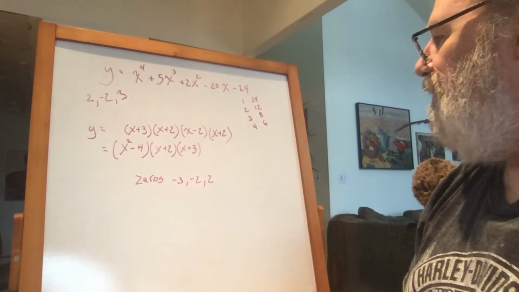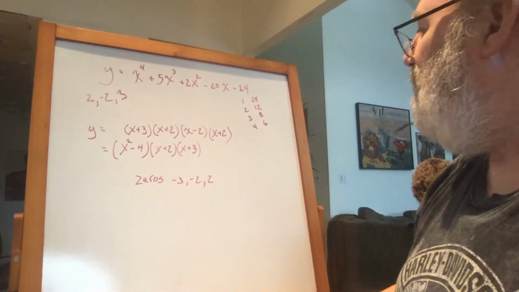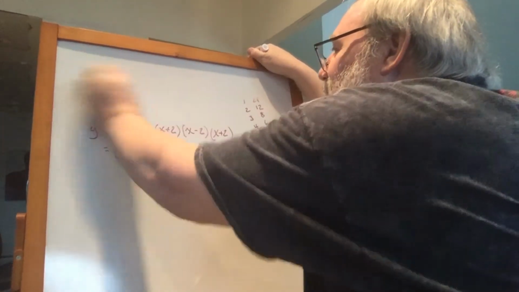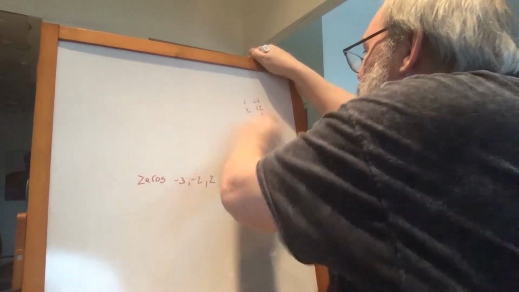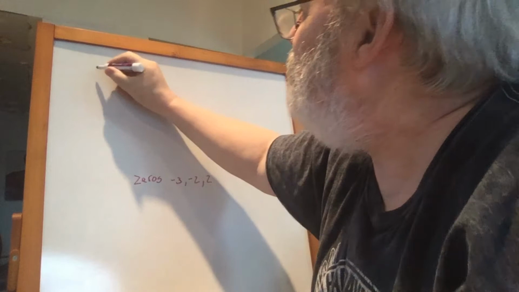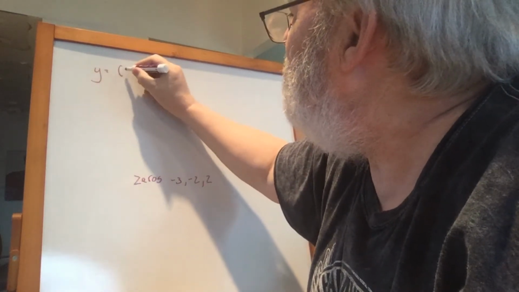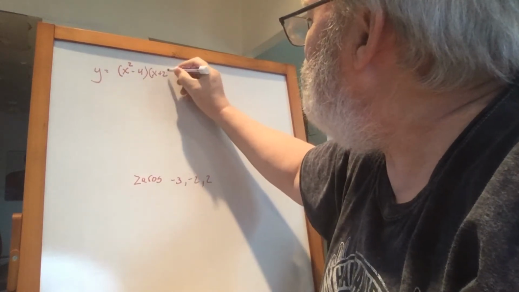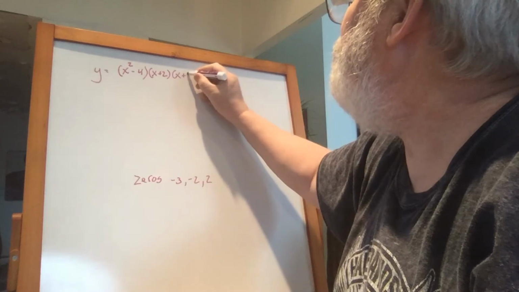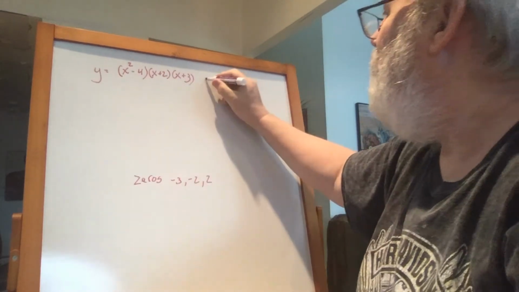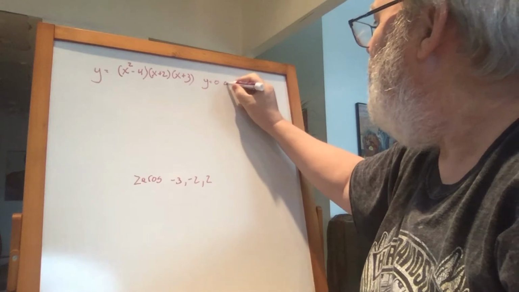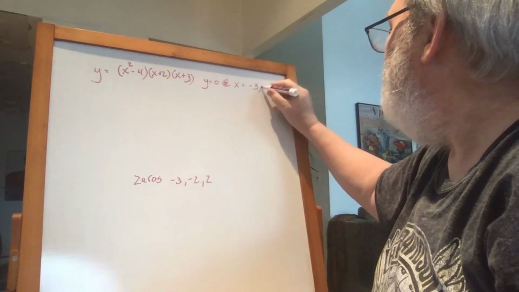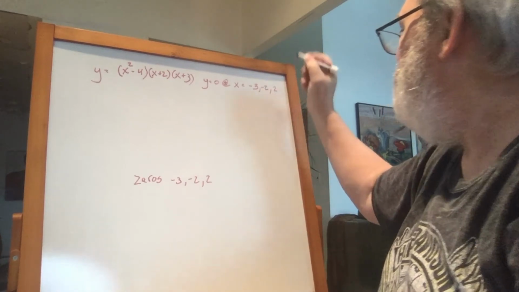So that gives us some information about the graph already. Okay, so we have y equals x squared minus 4 times x plus 2 times x plus 3. And this y is 0 at x equals minus 3, minus 2, and 2.